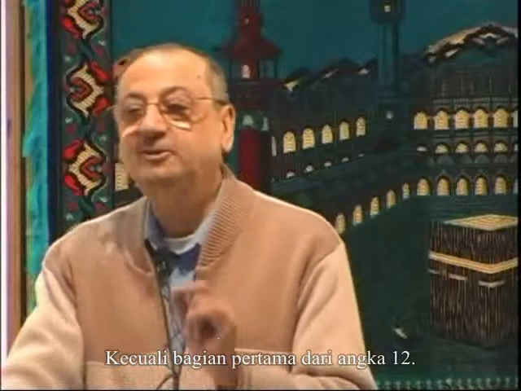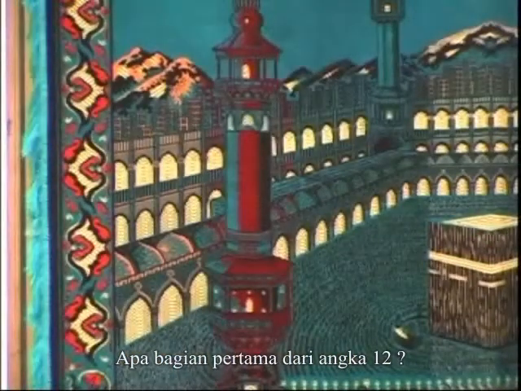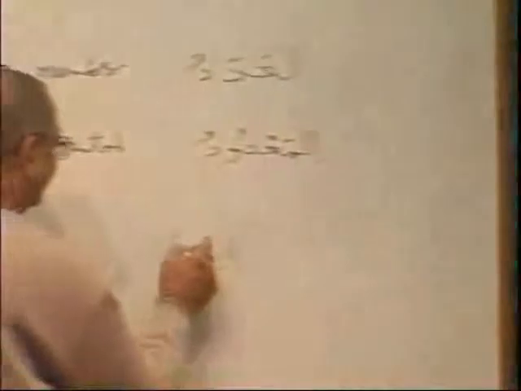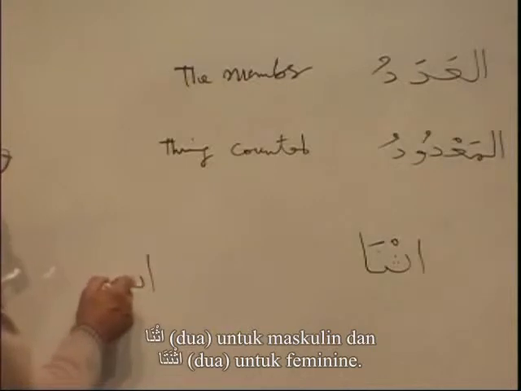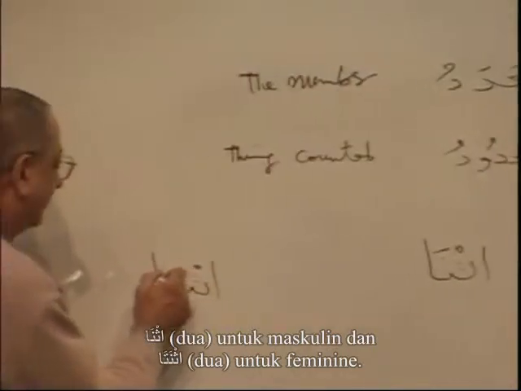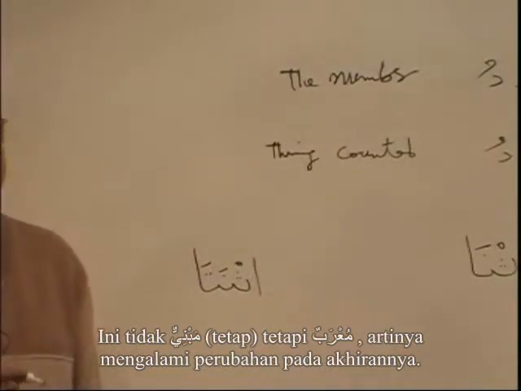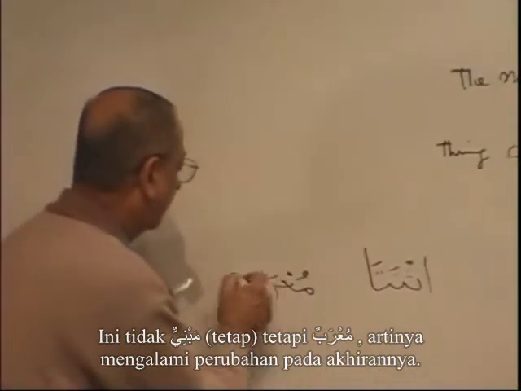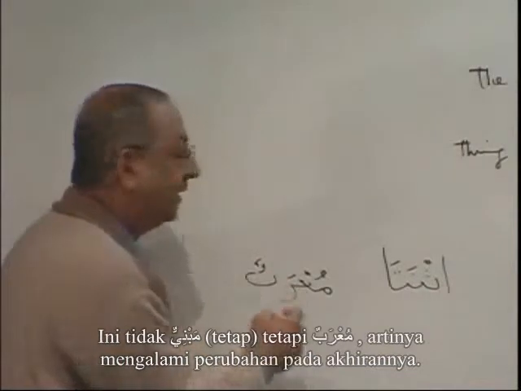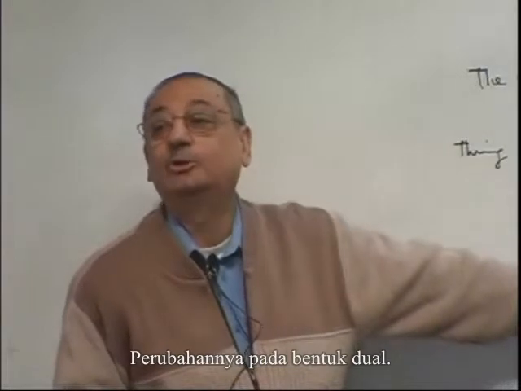Except the first part of 12. What is the first part of 12, brothers and sisters? And one more. Now this is not mabni. It is mu'rab. It declines, but the declension is of the dual.